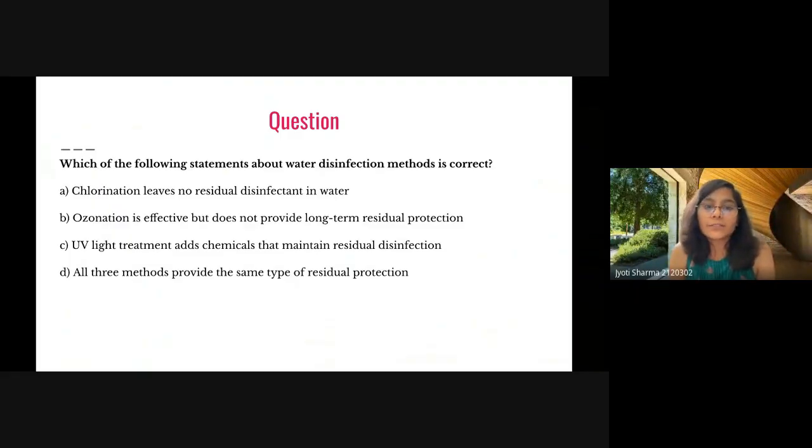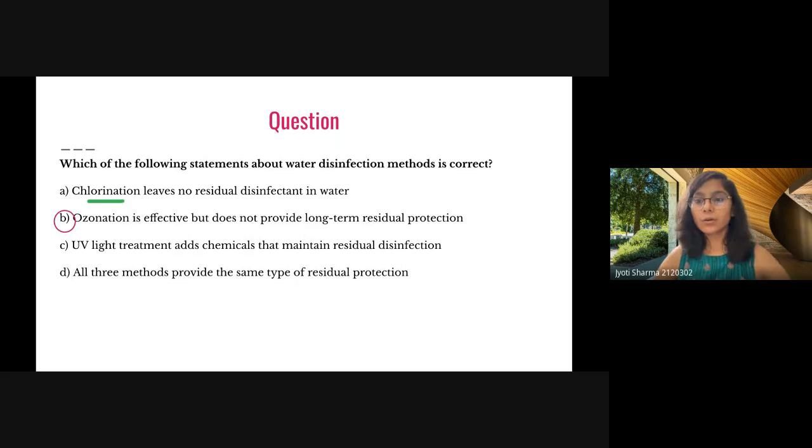Ozonation is effective but does not provide long-term residual protection. UV light treatment adds chemicals that maintain residual disinfection. All three methods provide the same type of residual protection. Okay, so Dia and Venkatesha both gave me B as the answer. Then yes, B is the right one.